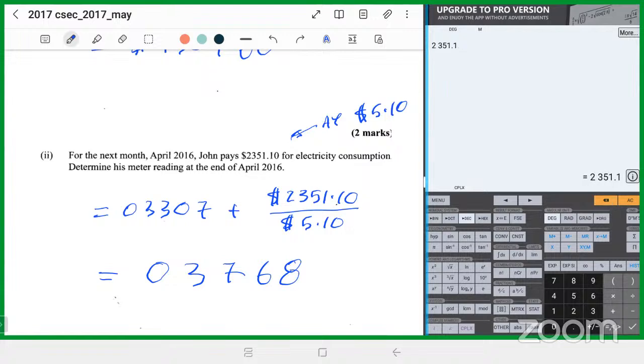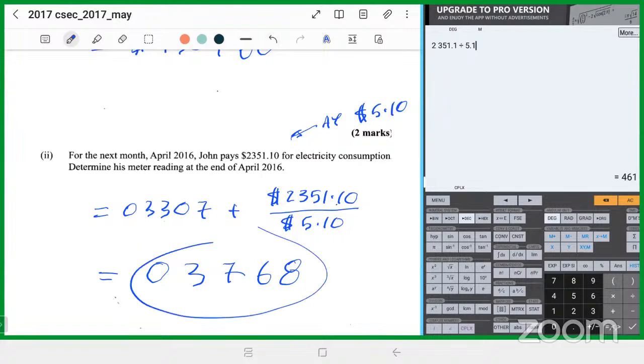You're supposed to get 461. And then you add 461 to this, and that is the answer.